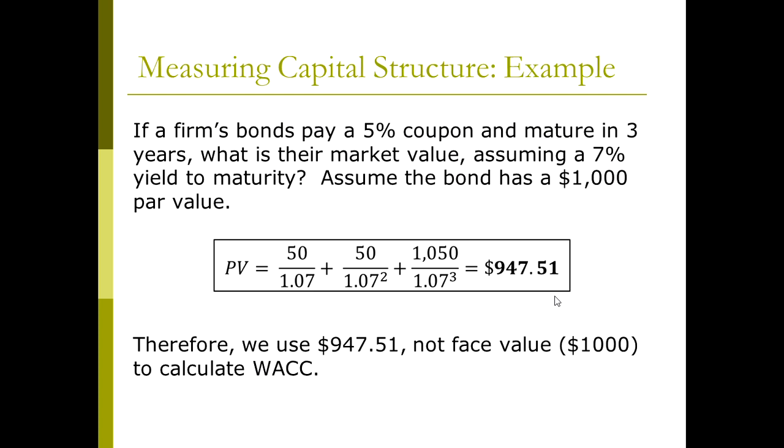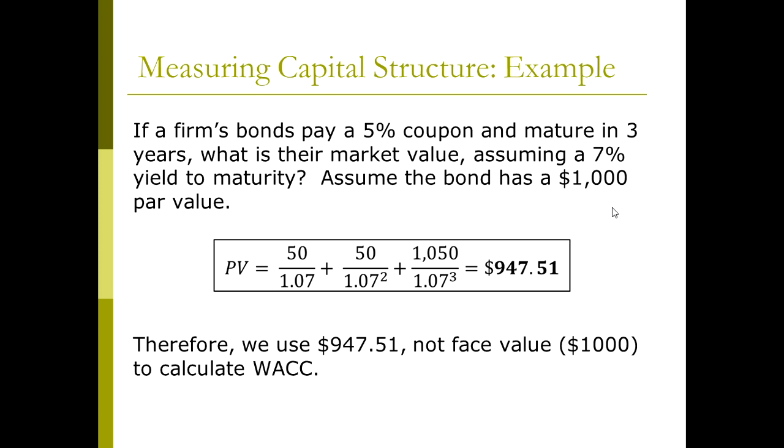Here are some examples. If the company's bond pays 5% coupon, 3 years maturity, 7% yield to maturity, face value $1,000. So the face value $1,000 is not the market value of the bond.